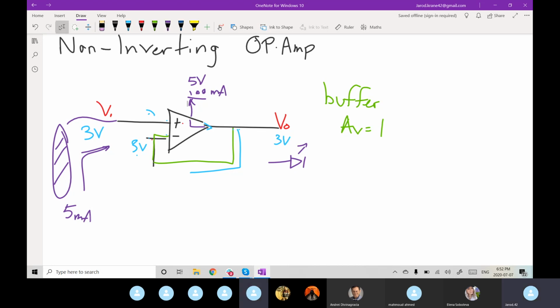Do you ever need to use buffers for impedance matching of more sensitive signals? For impedance matching? Potentially. I don't think I can say for certain that would be the way to. Actually, yeah, potentially.